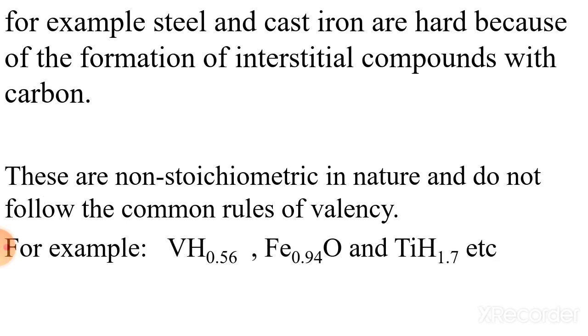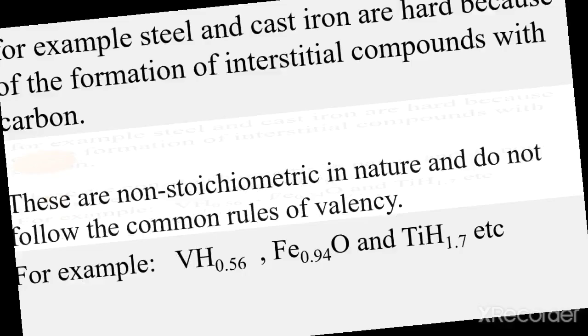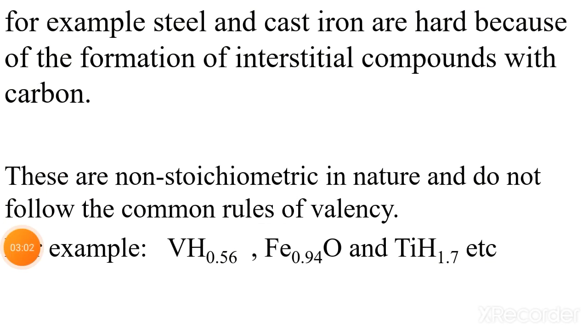They do not follow the common valency, so that's why they are known as non-stoichiometric compounds. One more example, Fe0.94O. I also gave this example as a non-stoichiometric compound defect in the solid state, and TiH1.7. These are some common examples related to non-stoichiometric compounds and also a type of interstitial compound.